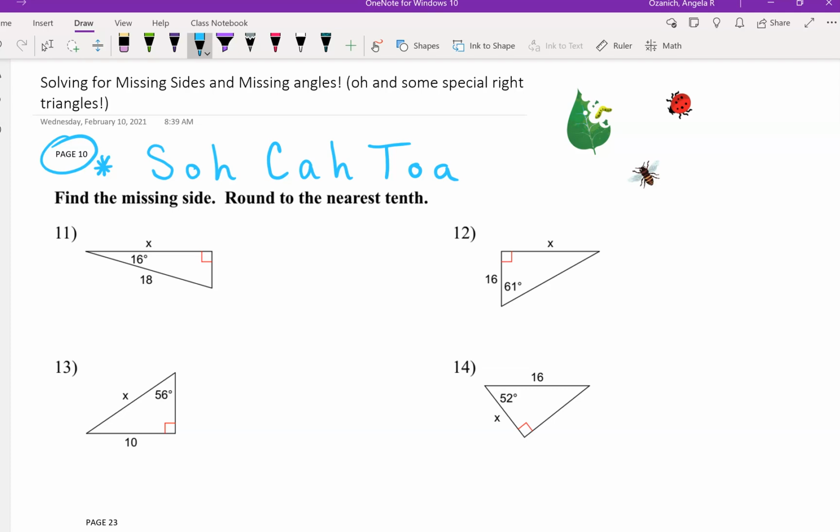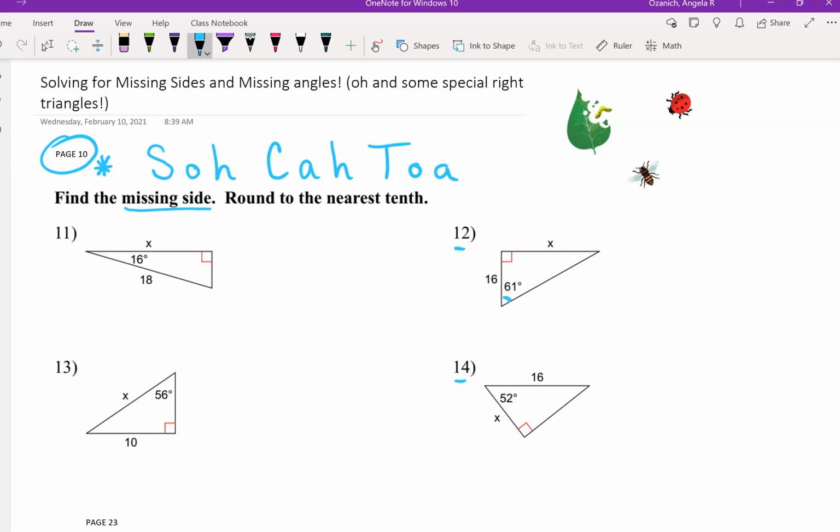Okay, so we're just going to do 12 and 14 over here just because they happen to have a little extra space. When we're finding a missing side, remember we're going to go to the angle that we know, our reference angle, and look at what side we have and what side we want to figure out.